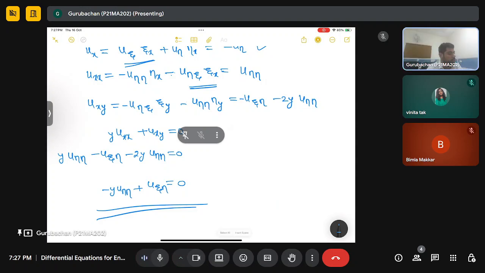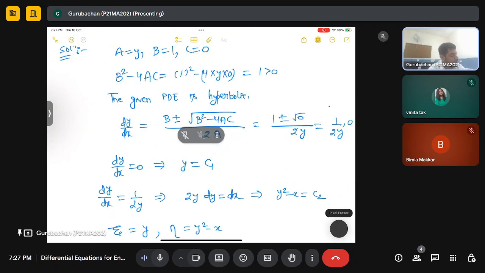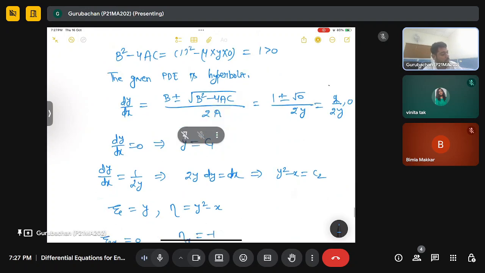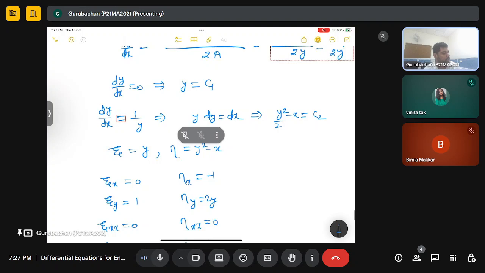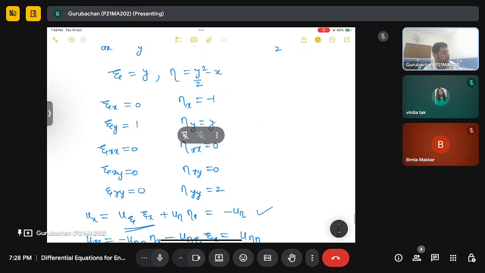So I think I got what we have done here. So this will be 2 by y. That means this should be 1 by y, and this should be y square by 2 minus x. So this will be your y and this will be your 1.